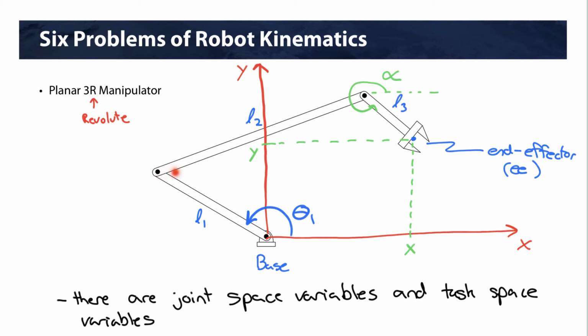Link 2 now, we're not going to measure it relative to the horizontal. We're going to measure it relative to link 1. And the reason we do this is to make the derivation of our kinematics easier. So this would be theta 2. And we do the same.